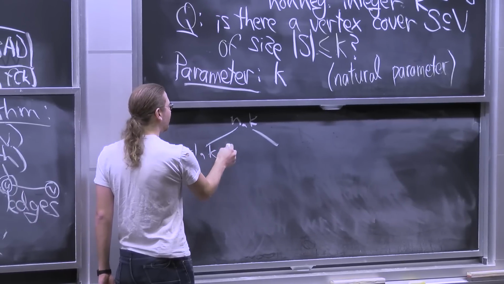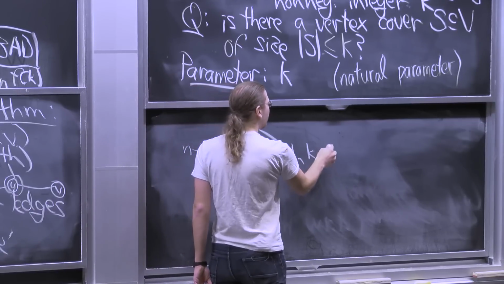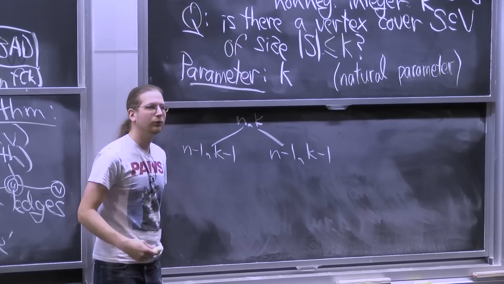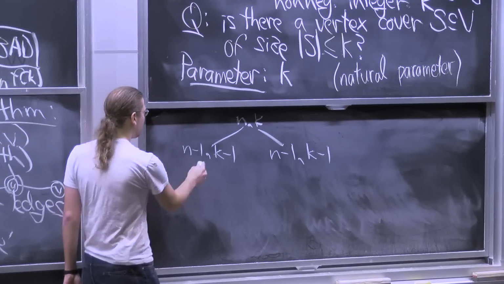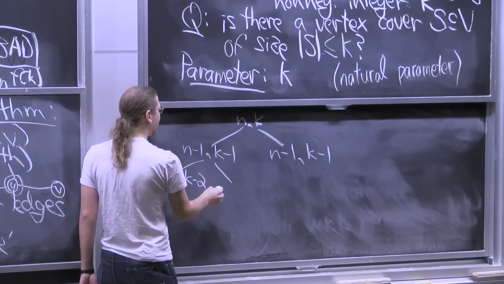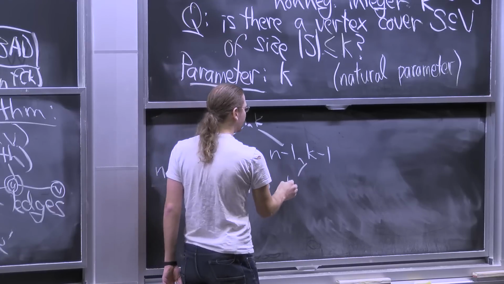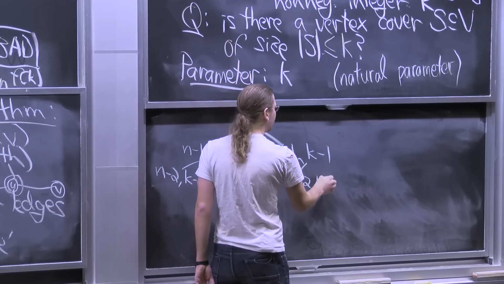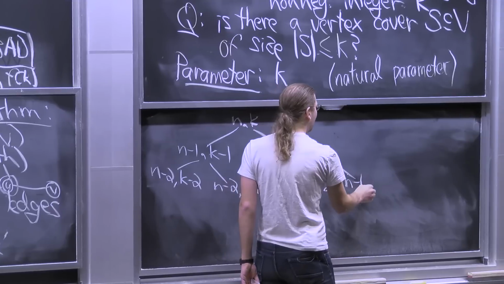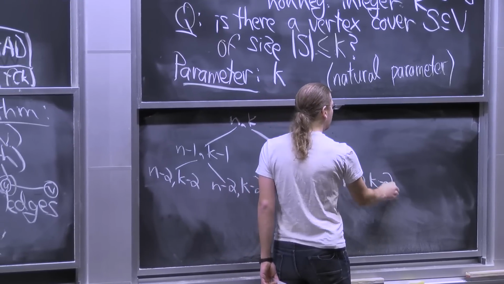But what really saves us is that k went down by 1. And we have two recursive calls, each of them with k 1 smaller. And then each of those has two recursive calls. I don't really know what happens to n. It probably doesn't get that much smaller. But k goes down by another 1. So I'm writing here the size of the problems and the parameter of the problems. So n minus 2, k minus 2.